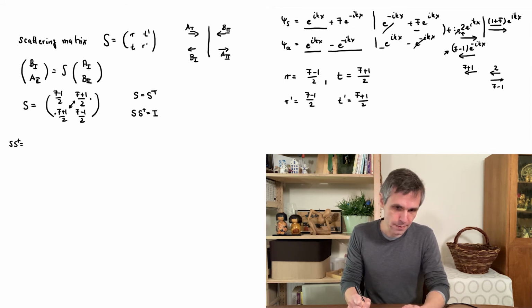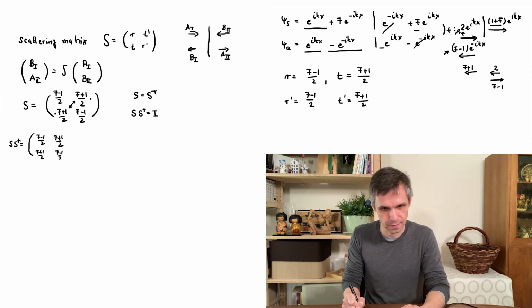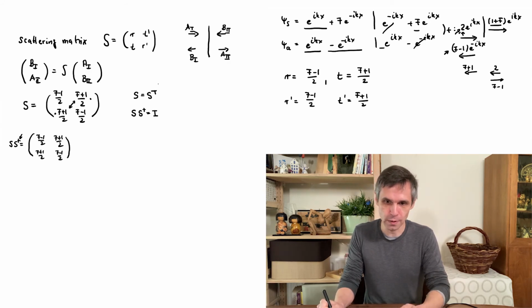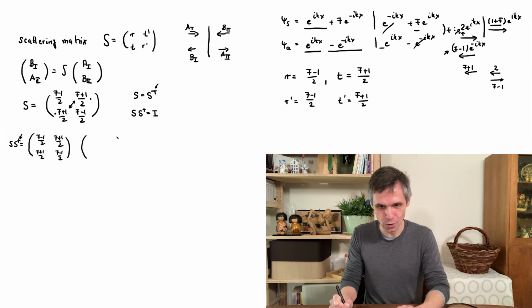So the scattering matrix itself is just as given. Now the Hermitian conjugate means that we take a transposition and a complex conjugation, but the transposition here does not make any difference because the matrix is symmetric. So we just need to multiply by the complex conjugate of this matrix.